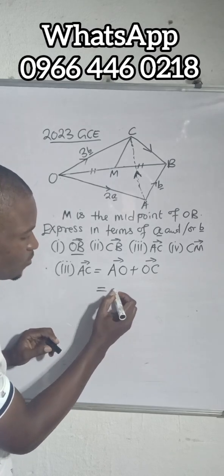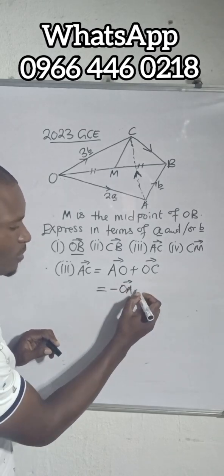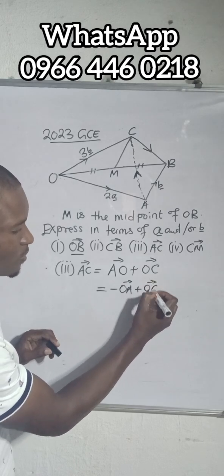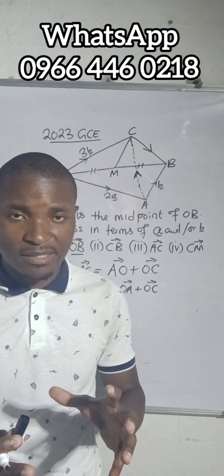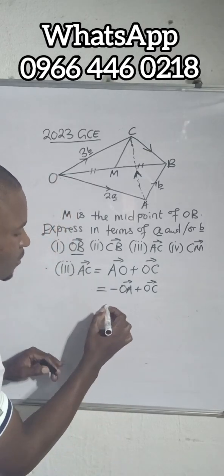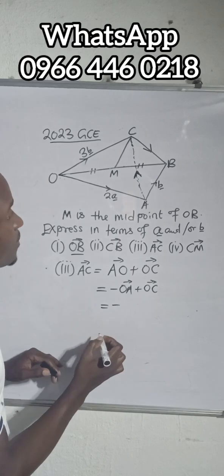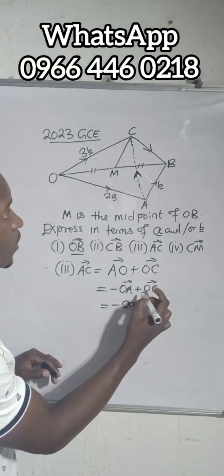So this is going to be negative OA plus OC. This is very, very important if you want to understand vectors.